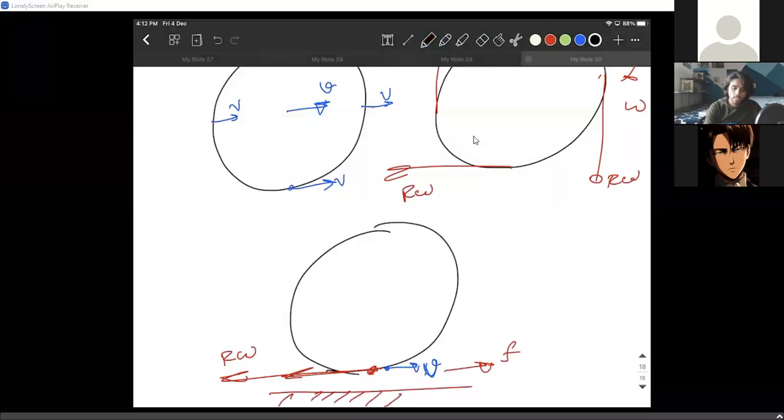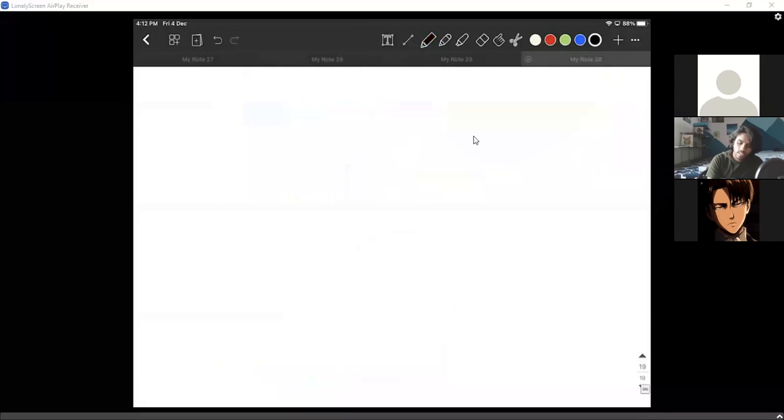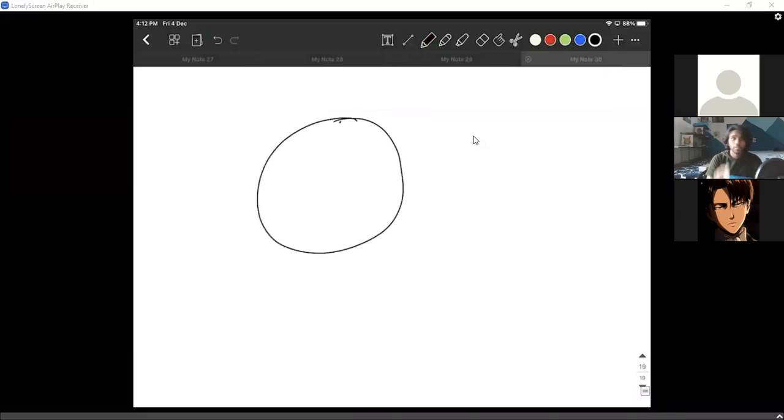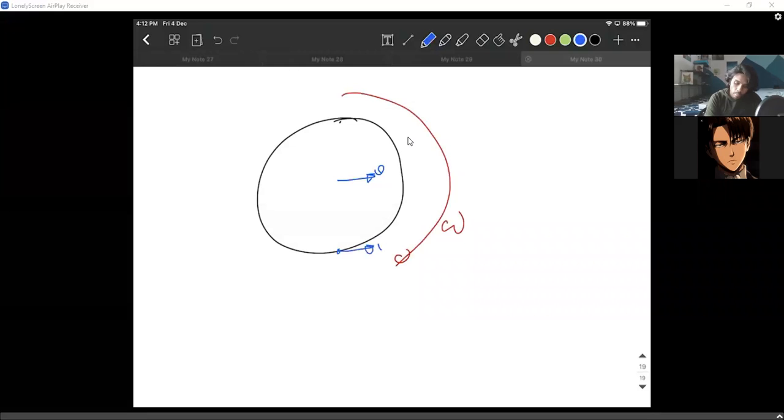So guys, please remember that in backward slipping, it doesn't mean that the body is going backward. The body is still going forward only. Because of this huge omega, the center of mass of the body is still going forward.